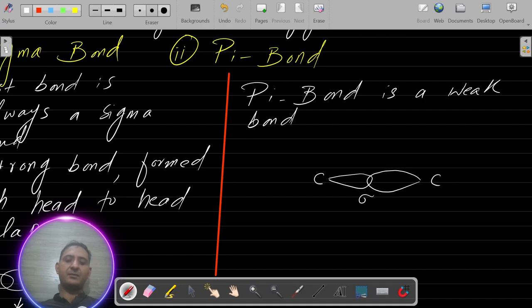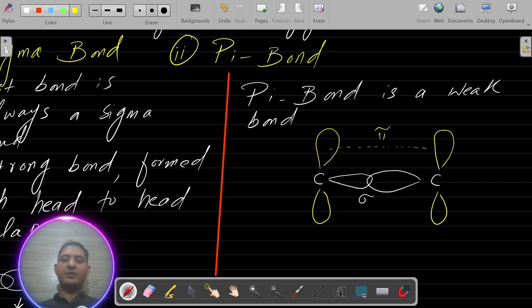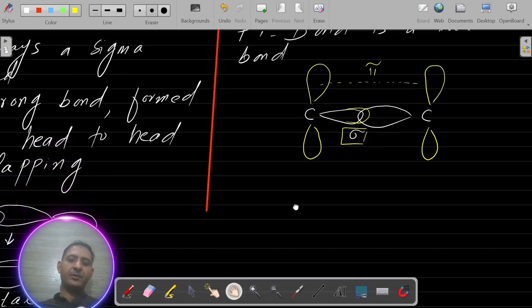It is a symbol of sigma bond. But suppose you have some orbitals in this way, perpendicular to the axis. When orbitals are approaching side by side, they will develop this pi bond. A sigma bond is a head-on-head approach, a strong bond. But when there is a side-on-side approach, it is known as pi bonding.